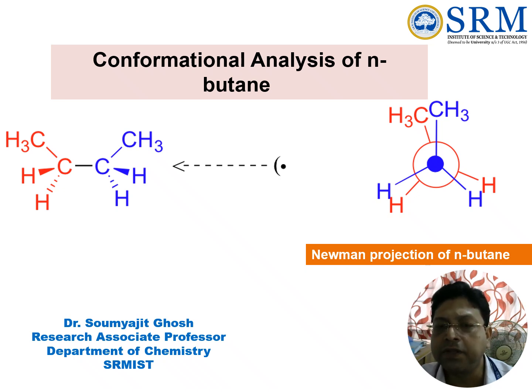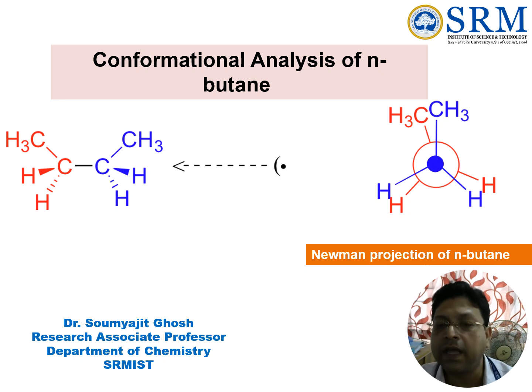But due to the free rotation, what will happen? This methyl will change, hydrogen will change, and this hydrogen also will rotate. So the relative position of the C2 substituents and C3 substituents will change continuously.